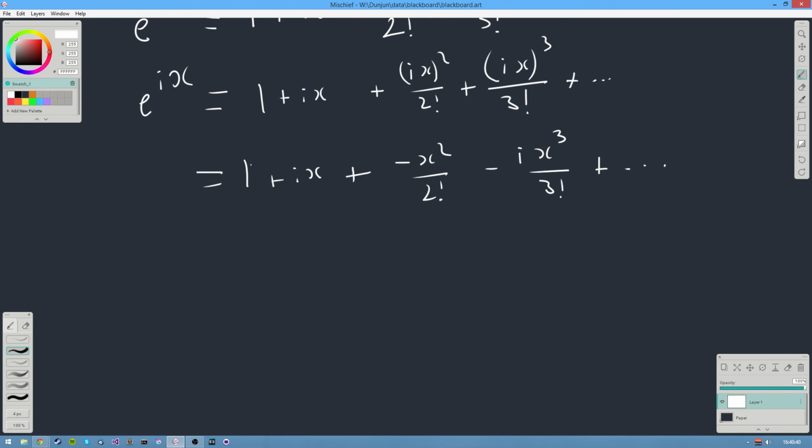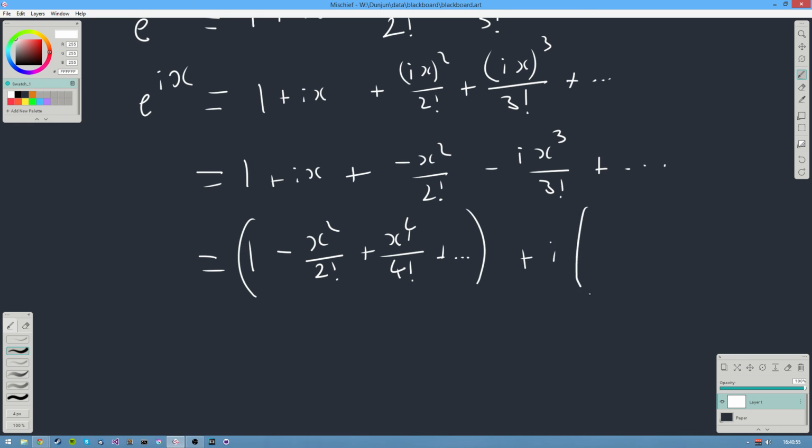And if we separate these into the real parts and the imaginary parts, what we get is 1 minus x squared over 2 factorial plus x to the 4 over 4 factorial minus dot dot dot, plus the imaginary part, which is x minus x cubed over 3 factorial plus x to the 5 over 5 factorial dot dot dot.